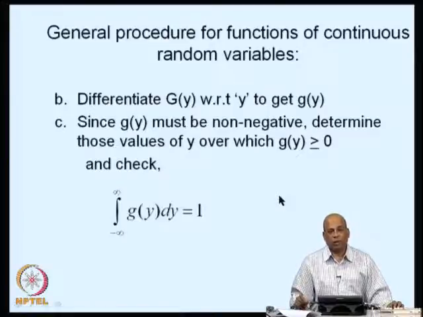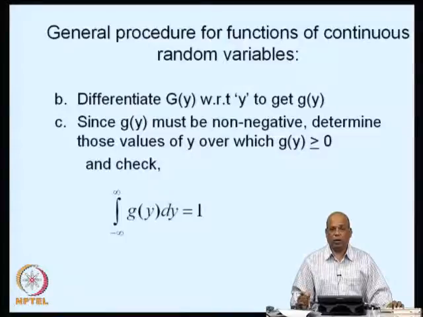So, the procedure is simple: from the range space of x, we obtain an equivalent event for the probability of y being less than or equal to small y, and then get the CDF of y, which is capital G of y. Differentiate the capital G of y, which is a CDF, to obtain the marginal density small g of y.